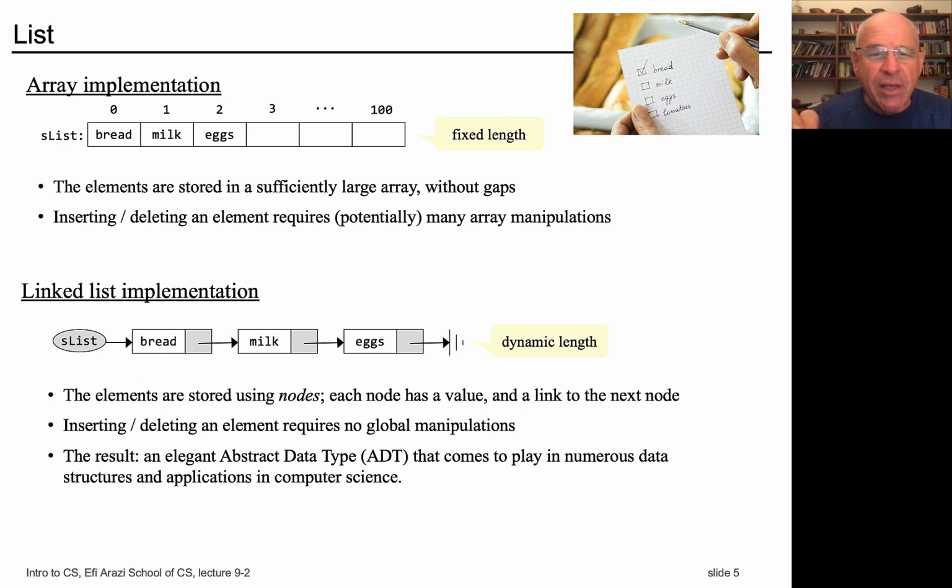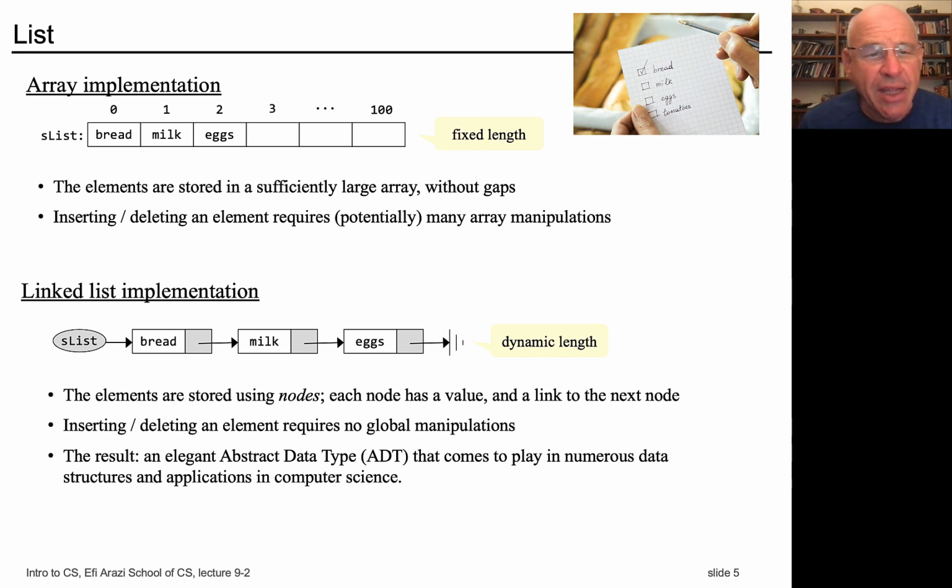Now, if this is your list architecture, it is very easy to insert or delete an element anywhere you want. You can do it as a local manipulation without disturbing the rest of the list. אם אתה משתמש במבנה נתונים כזה, כדי לשמור את הרשימה שלך, אז להכניס צומת או להוריד צומת בכל מקום שהוא, זאת פעולה מקומית. אתה עובד עם הפוינטרים, אתה לא מפריע לשאר הארכיטקטורה של הרשימה הזאת.